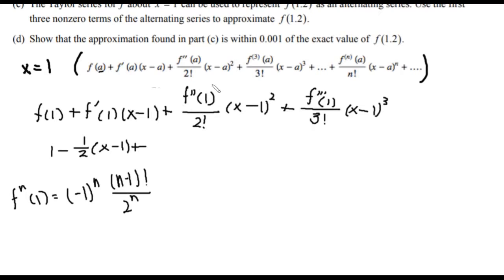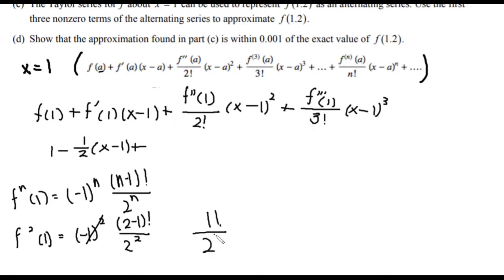First, we need the second derivative, right? So right now, for this equation, n equals 2. So when n equals 2, it'll be 2, right? So (-1) squared will be 1, so it cancels out as 1. And 2 minus 1 is 1 factorial over 2 squared.